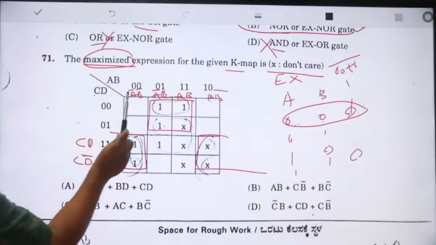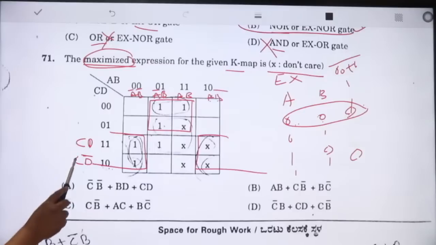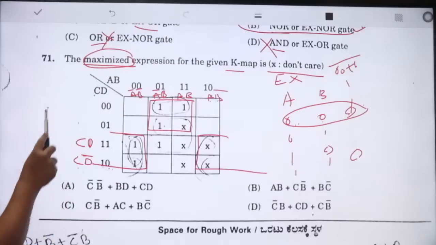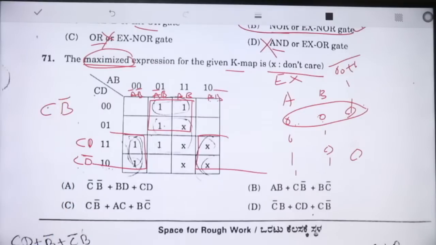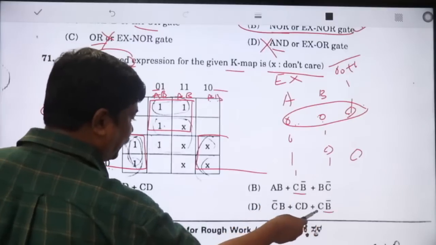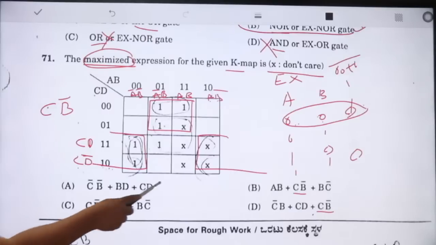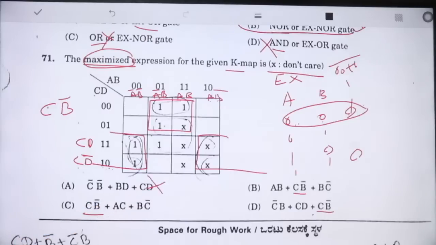Here B bar is there, here B bar is there, which is common. C is there, C is there. CB bar is one option. CB bar is available here. So this option we can eliminate from our options.